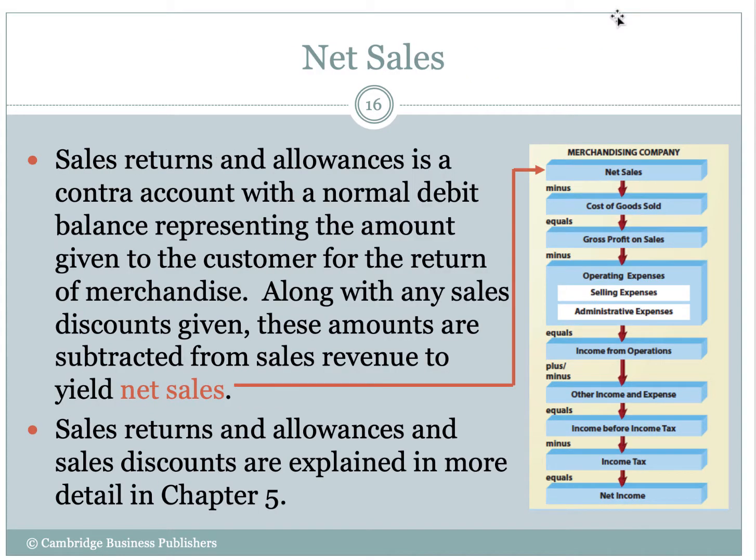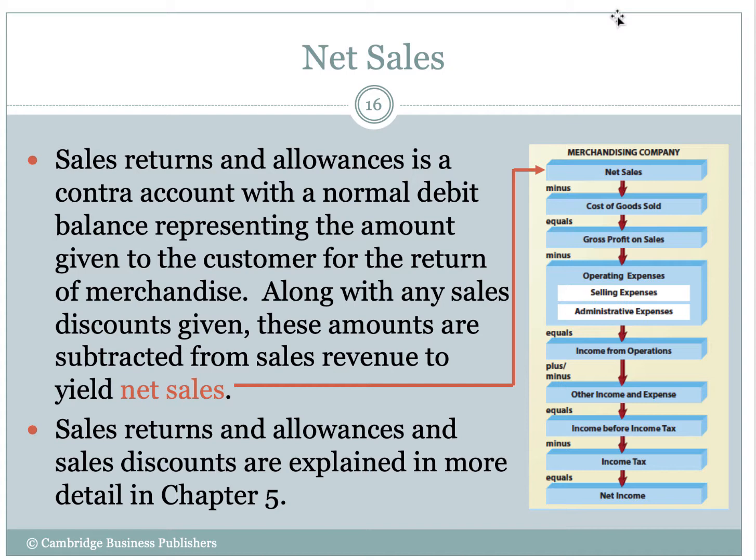Okay, so let's focus in now on the elements of a multi-step income statement looking at a merchandising company, okay? The first thing we need to notice is we start off with net sales, right? Before this, meaning last chapter when we were doing the income statements, we just said revenue, right?